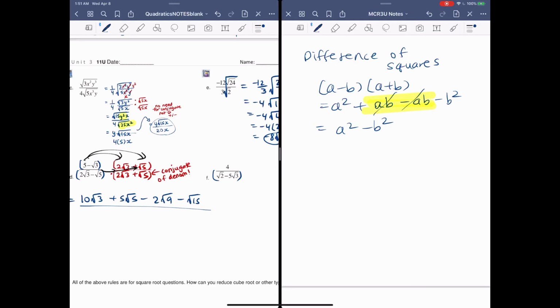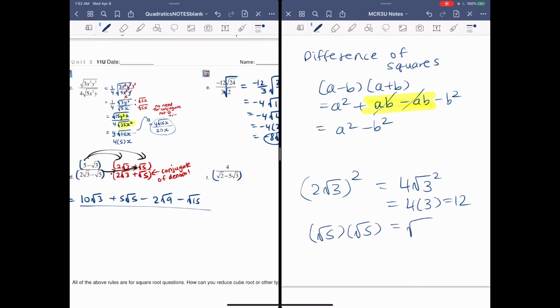What I'm really just going to have is 2 square root 3 squared. That's my a squared, which is 4 times 3, which is equal to 12. And then square root 5 times square root 5 is equal to square root of 25, which is equal to 5. So that's the process of what's going on in the denominator.